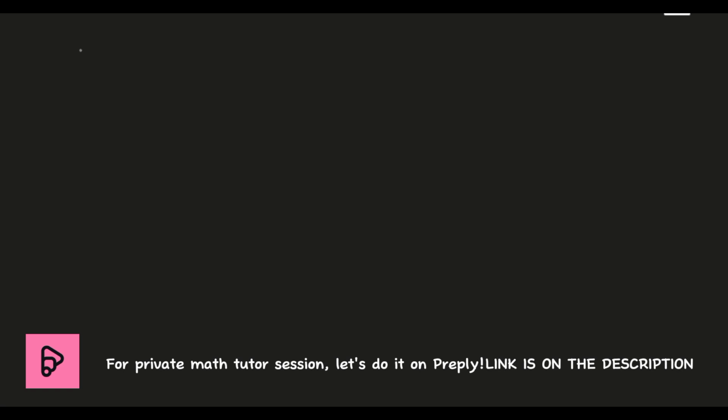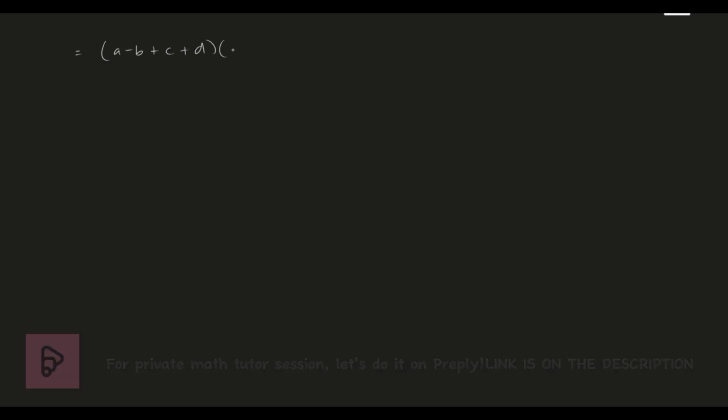And also, what if we encounter this problem? So a minus b plus c plus d, a plus b plus c minus d. Okay, so for this one, we will find the same sign from this side compared to this side. So as we can see here, we have both positive a and positive c on this side and this side.